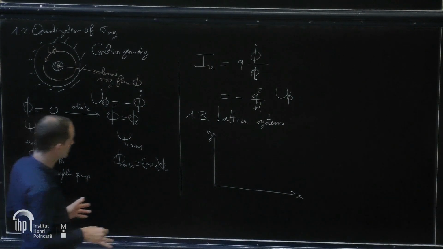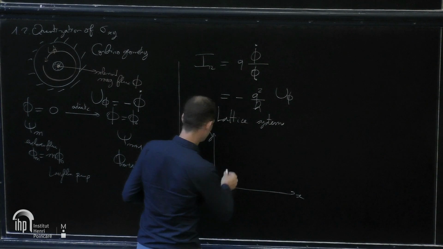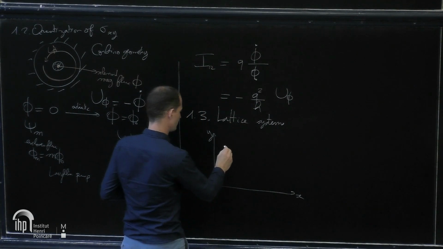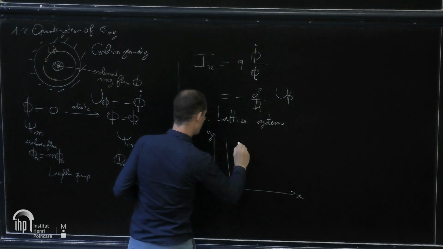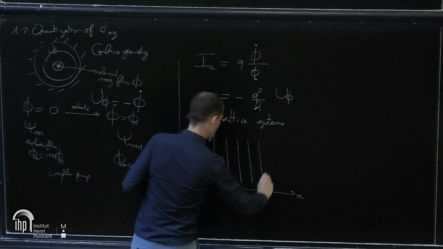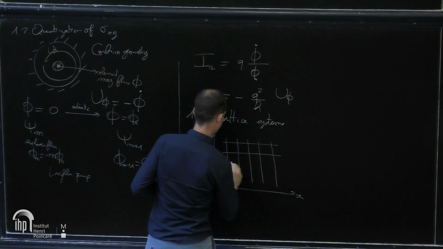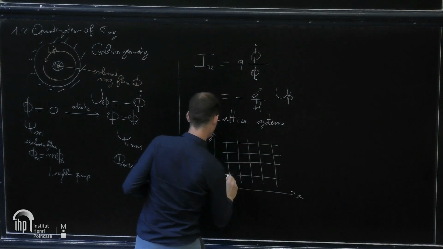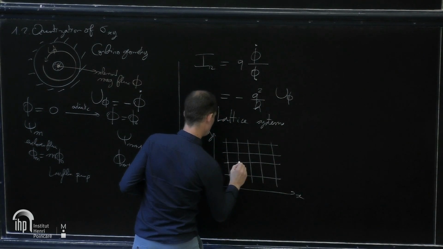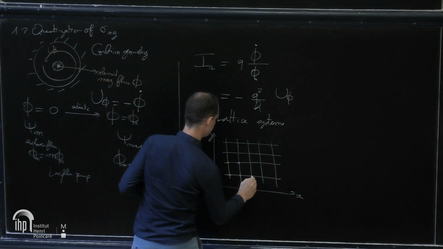So the simplest way to think of it is to simply discretize space along a square grid, a square lattice. And so I will have only discrete positions.